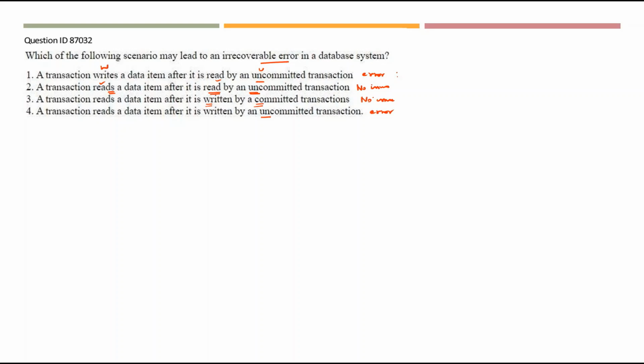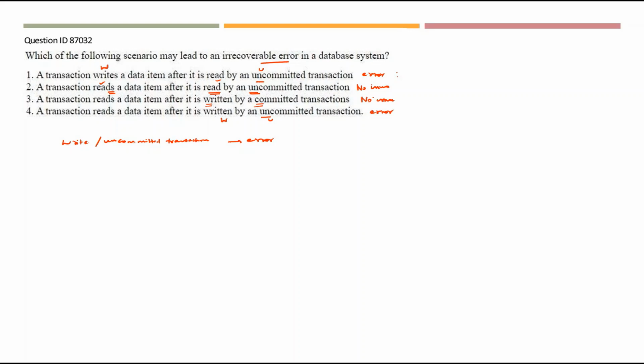So you can always have this clue. When there is a write operation involved and an uncommitted transaction together in a scenario, this will end up with error. When it is a read operation or when it is a committed transaction, we'll have no issue.